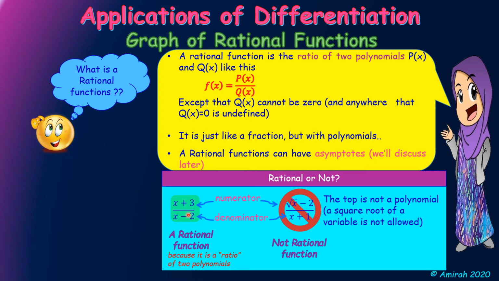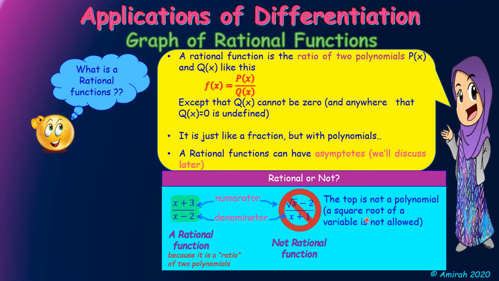Now let me check whether this function is a rational function or not. For (x plus 3) over (x plus 2), it is a rational function because it is a ratio of two polynomials, in the numerator and in the denominator. But for square root of (x minus 2) over (x plus 1), this is not a rational function because the top is not a polynomial.